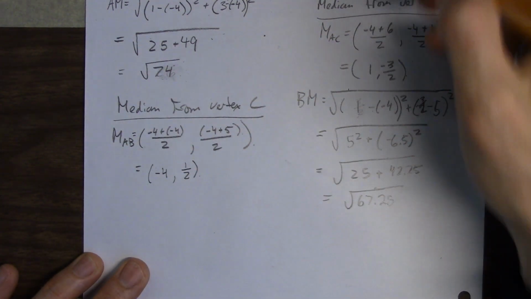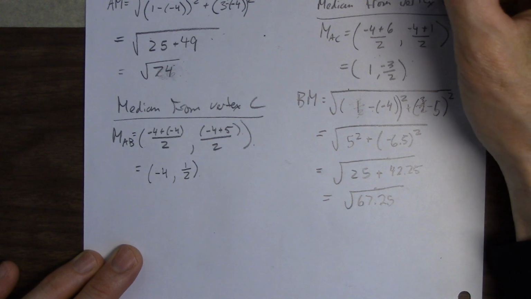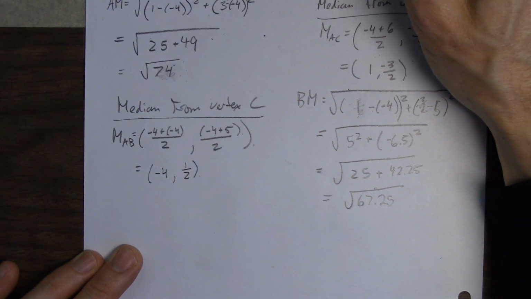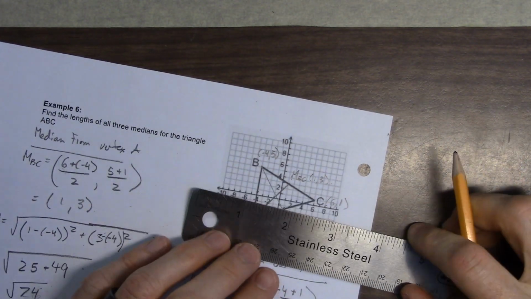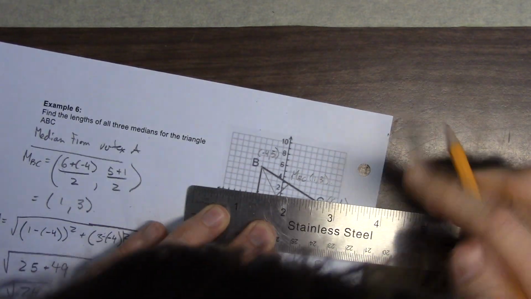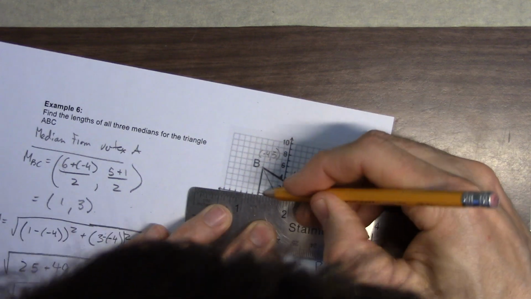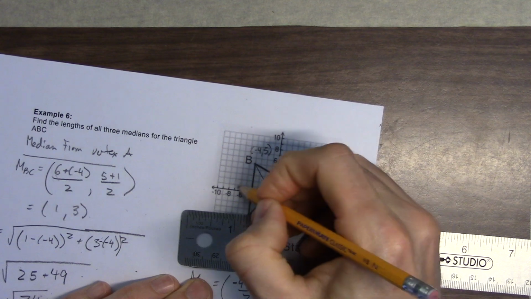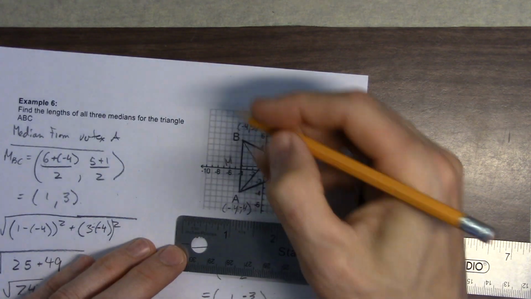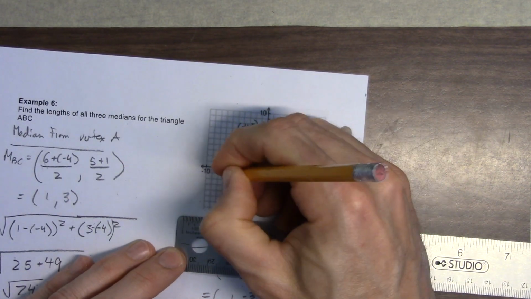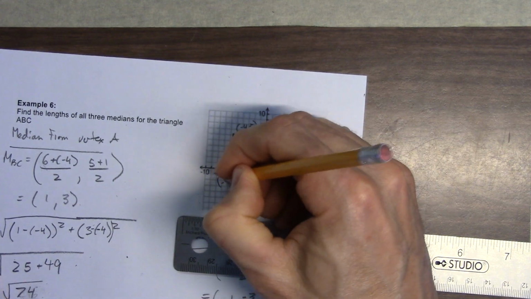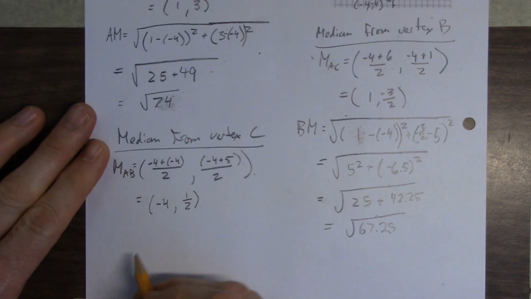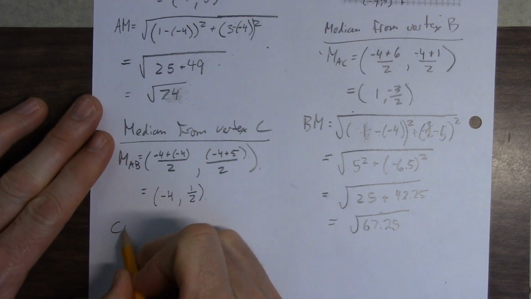So it's negative 4, 1/2, right there. That's our midpoint of AB.